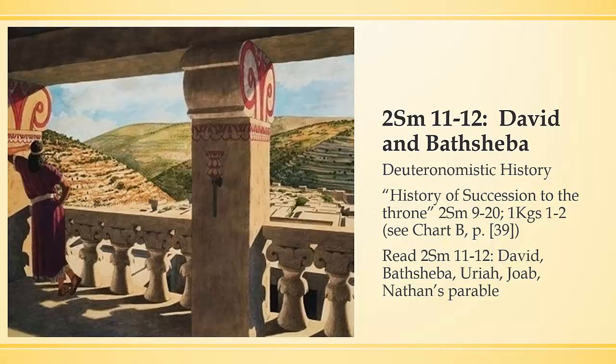And so he sends a message to the general fighting the battle, Joab, and asks him to send Uriah, who is his right-hand man, his armor bearer, to come back and give an update on the battle. Joab doesn't know what's going on, but he knows that he needs to send Uriah to give an update.